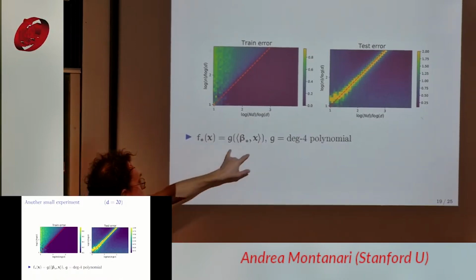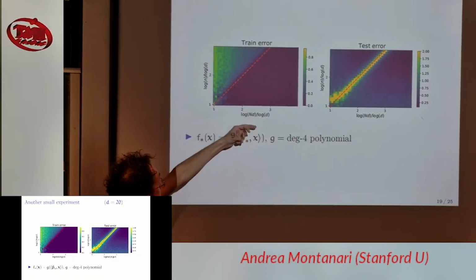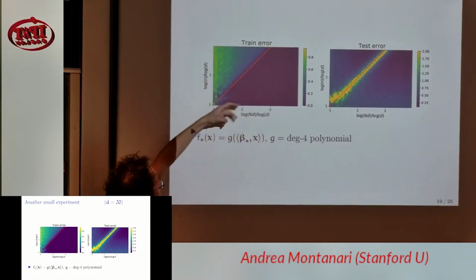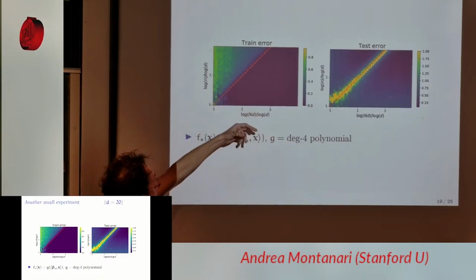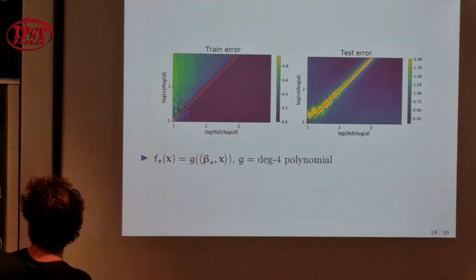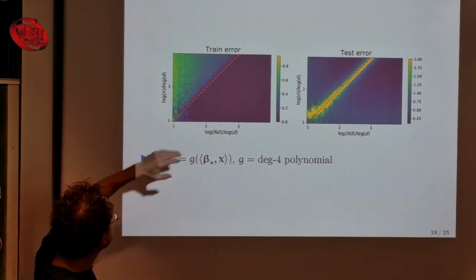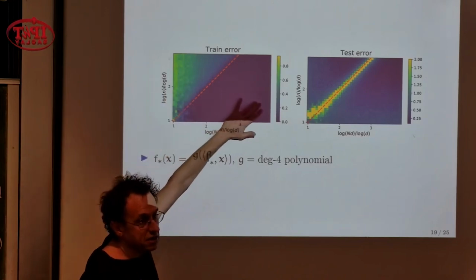Here we look at a function of this type, a fourth degree polynomial, and I plot the train error and test error as a function of the log number of parameters and the log of the sample size. So it's flipped exactly with respect to this. And you see here the train error is positive, here it becomes 0.